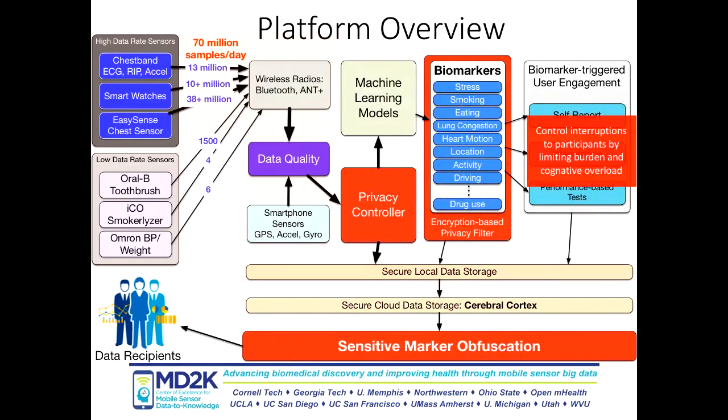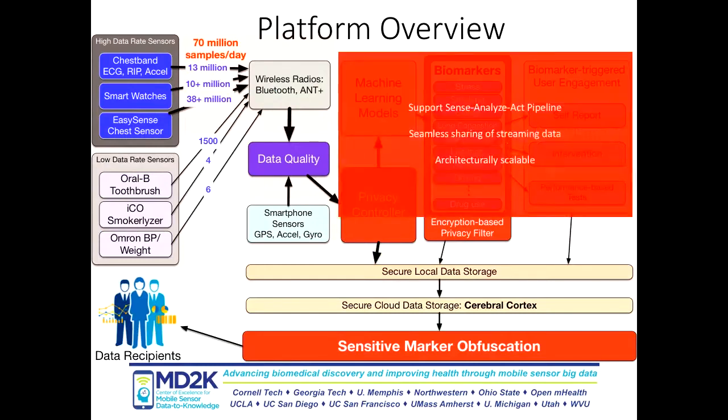Fifth, we need to control the interruptions to study participants, either through self-report or ecological momentary assessments or interventions. This is to limit the burden and cognitive load placed on them while still satisfying the numerous study constraints. Sixth, it should support the Sense, Analyze, Act pipeline for high-rate streaming sensor data applications.